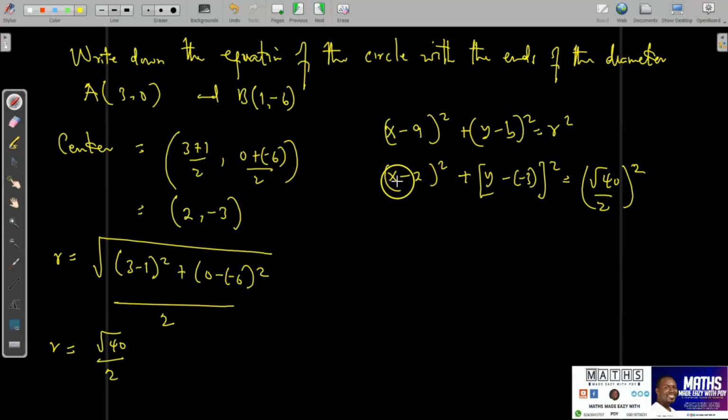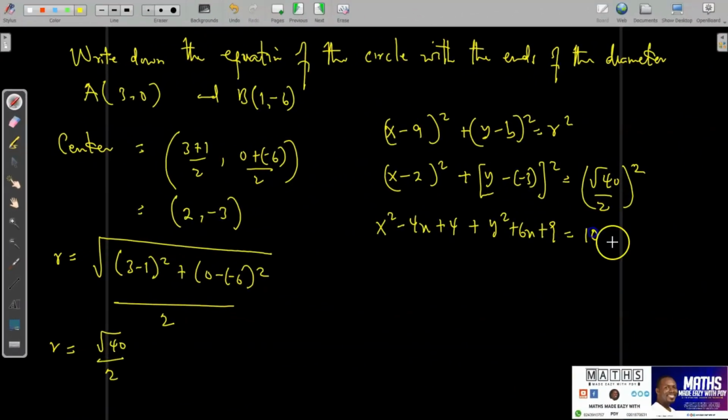Expansion will give us what here? x squared minus 4x plus 4 plus, here will give us y plus 3, so we have y squared plus 6y plus 9 equal to square root of 40 all squared will give you 40, and the square of 2 will give you 4. So you are having something like 40 over 4. 40 over 4 is the same as what number?